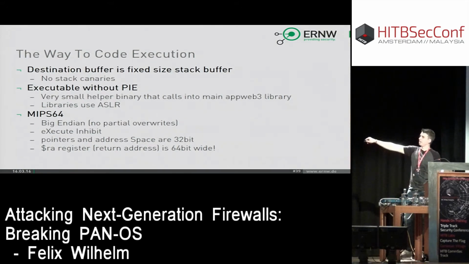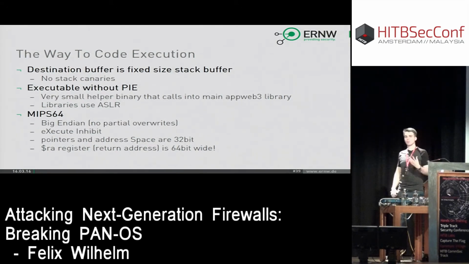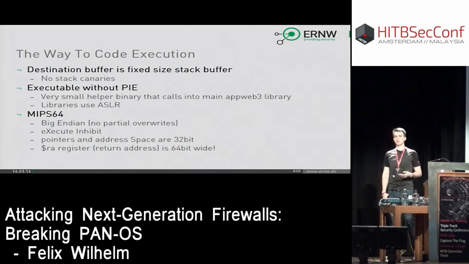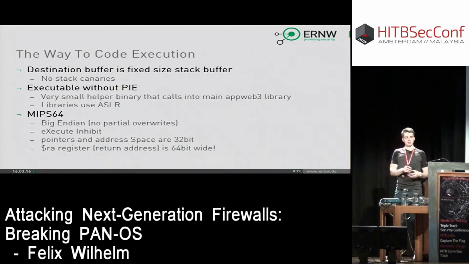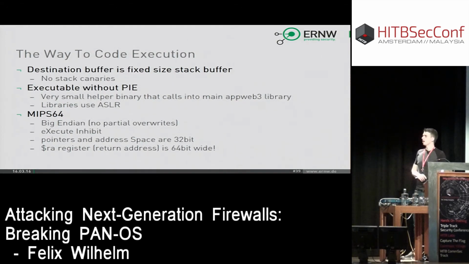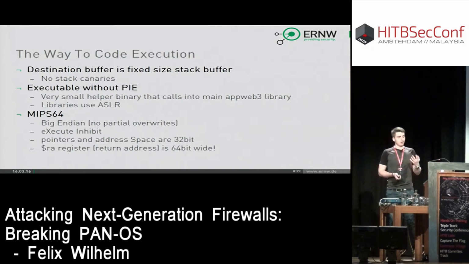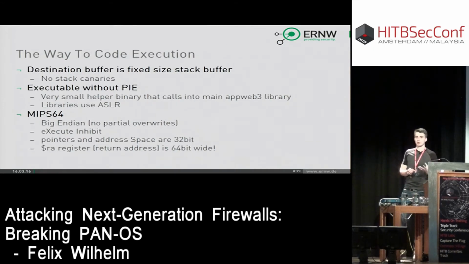The problem with this binary is that it's extremely small, so it just contains a couple of functions, because everything else is handled in shared libraries that have full ASLR enabled. What makes this bug quite interesting to exploit is the architecture. It's the first time I ever played around with a MIPS 64 system, which has some interesting properties.